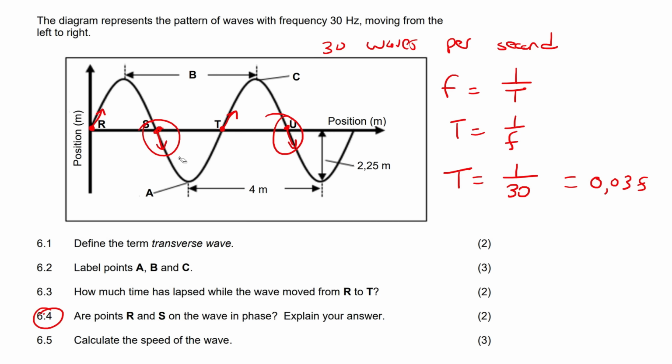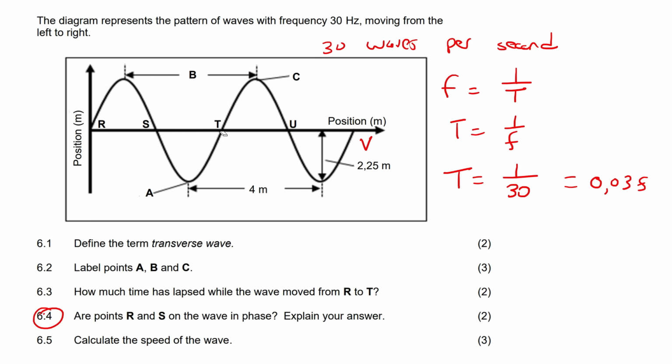Remember that for 2 points to be in phase, they have to be separated by a whole number of wavelengths. For example, from R to T, how many wavelengths is that? That's 1. But if you go from R to S, that's not even a wavelength. If you go from S to U, that is a wavelength. Check, it goes down and then up. As long as it goes down and up or up and down, that's a wavelength. What about, let's say we made this one called V? Then check here, 1, 2.